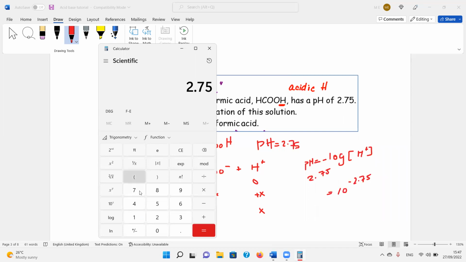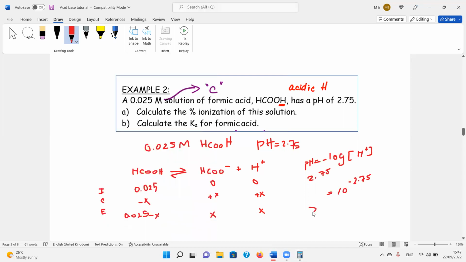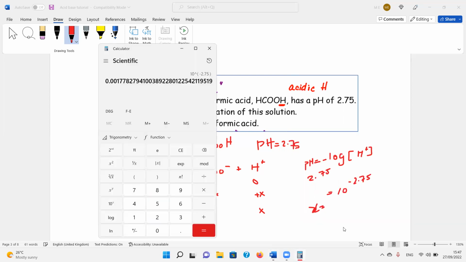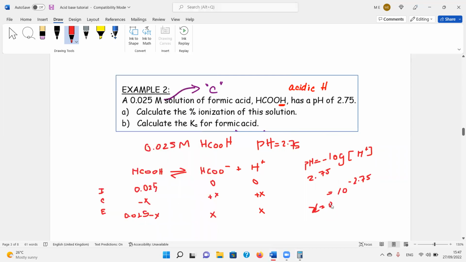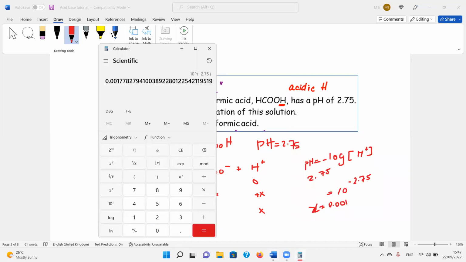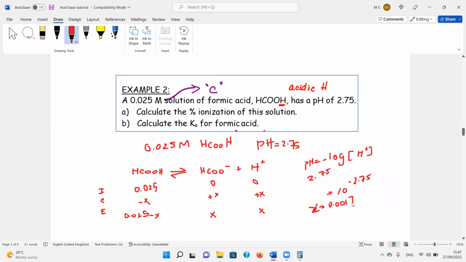So this will be our X. X equals 0.00178.